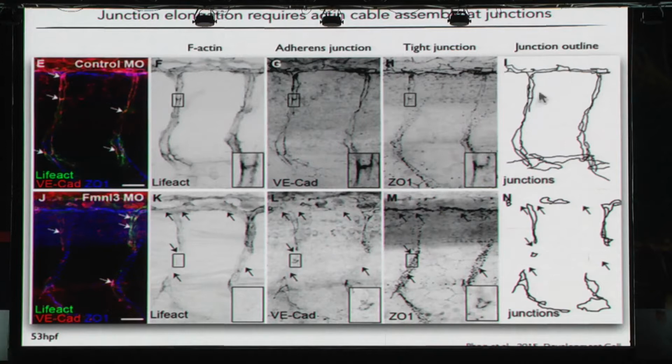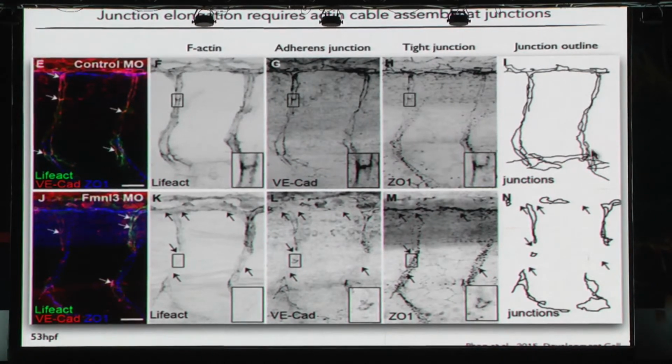And this is just an outline of the junctions, and you can see that the vessels show a multicellular organization of junctions, and the junctions are linear and are connected. But in FMNL3 morphants, the junctions appear more circular, and also the junctions are disconnected from each other, indicating that cell junction elongation failed to occur.